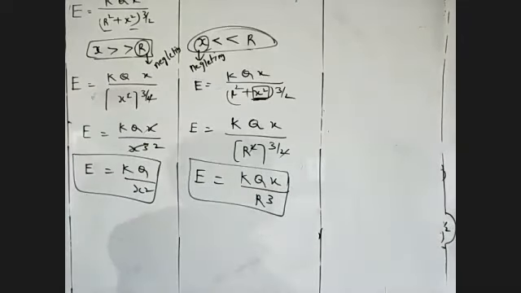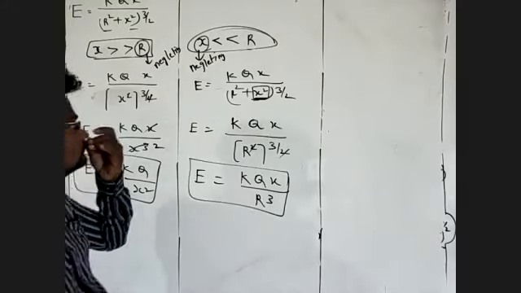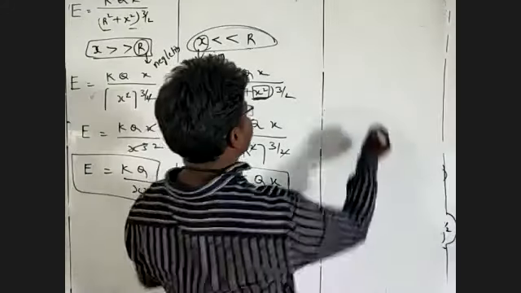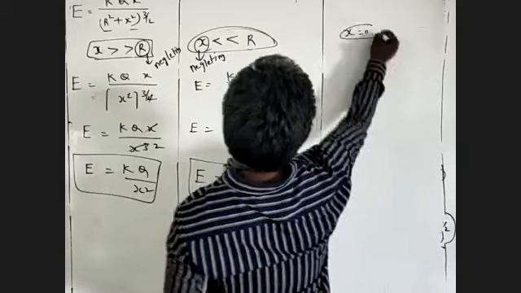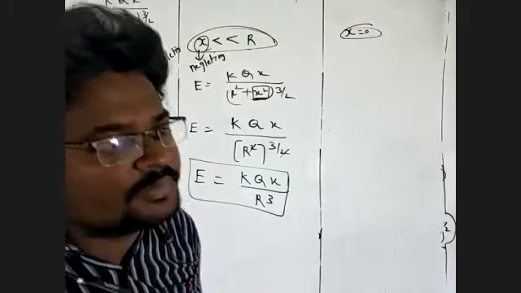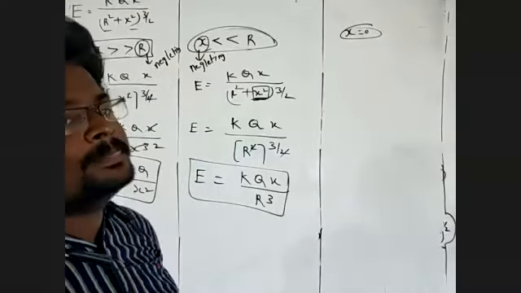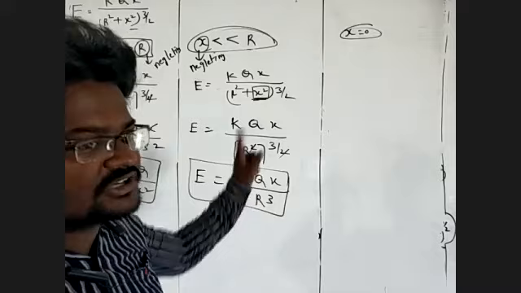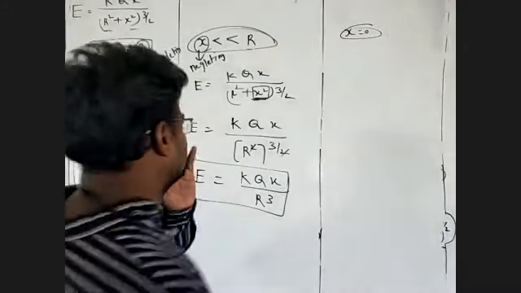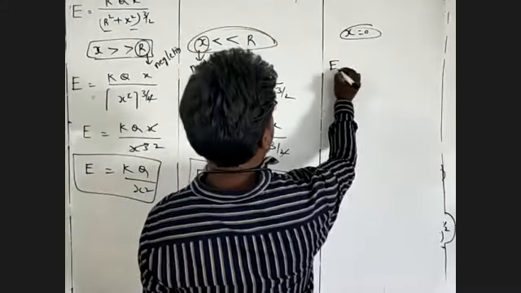Now next, at the center, suppose x is equal to 0. X equal to 0 means the test charge is kept at the center of the ring. So what is the electric field at the center?